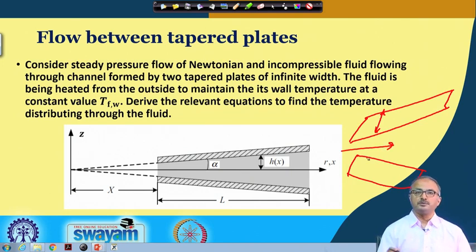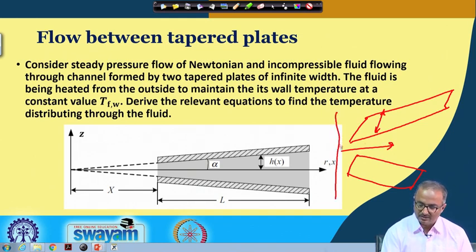Now, when this fluid is moving, because this tapering is there, it may be assumed that there is an axis over which this particular thing is placed. So, these plates have some inclination of alpha over here. Okay.